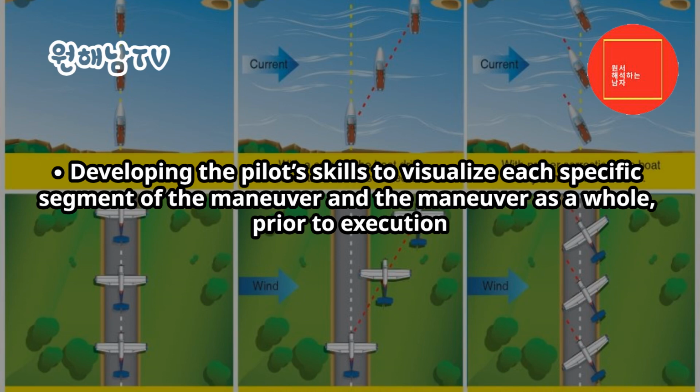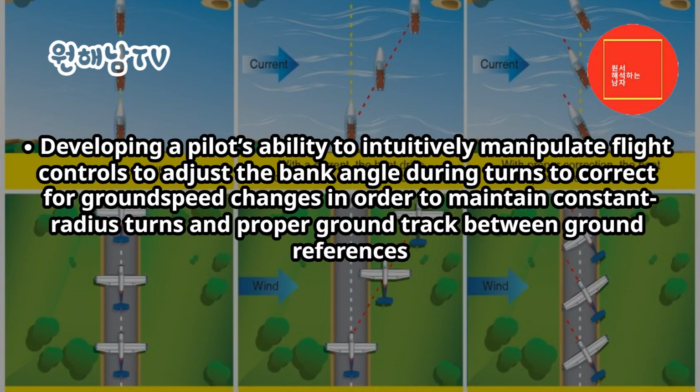Developing the pilot's skills to visualize each specific segment of the maneuver and the maneuver as a whole, prior to execution. Developing a pilot's ability to intuitively manipulate flight controls to adjust the bank angle during turns to correct for ground speed changes in order to maintain constant radius turns and proper ground track between ground references.